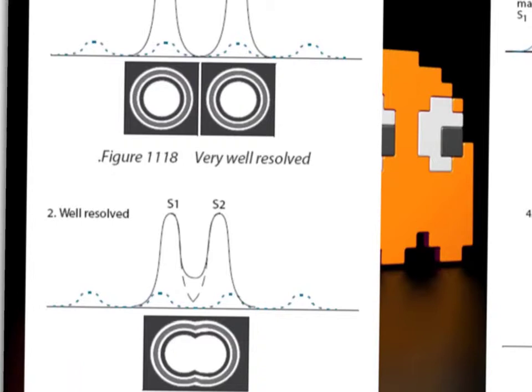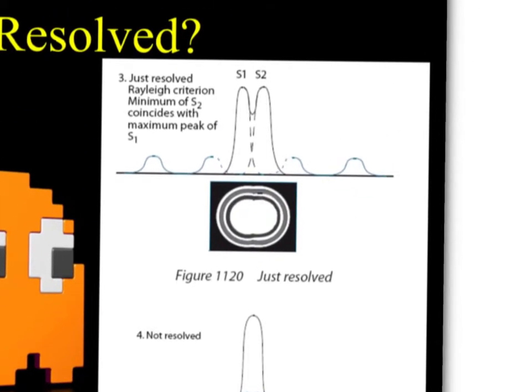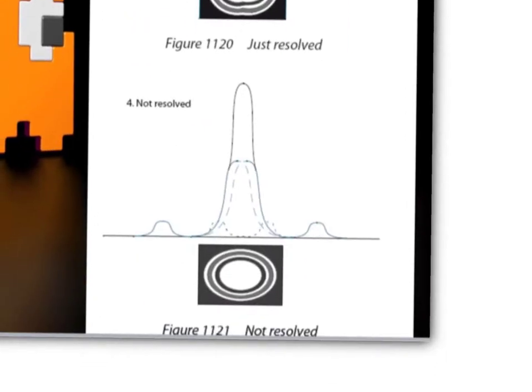As you get further away, those maxima get closer and closer together until at some point they overlap. And when those maxima overlap, as they do in this image here, you can't resolve the two sources. You get something like this. You get a single object.